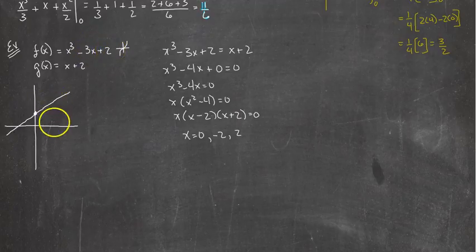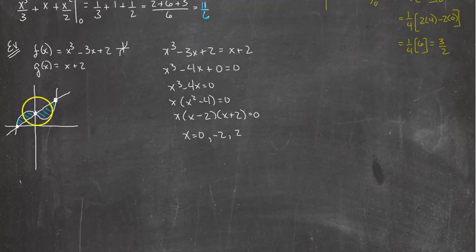And so really what I have is at x equals 2, I have a point of intersection, and at x equals -2, I have a point of intersection, which happens to be right on the axis. And I want to find the area between these two functions.